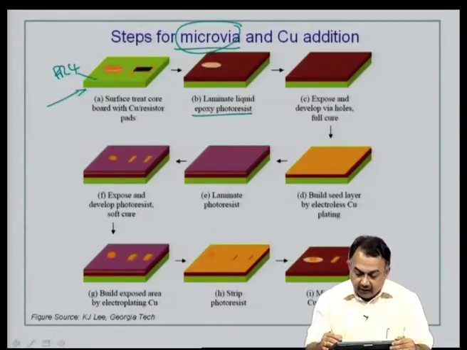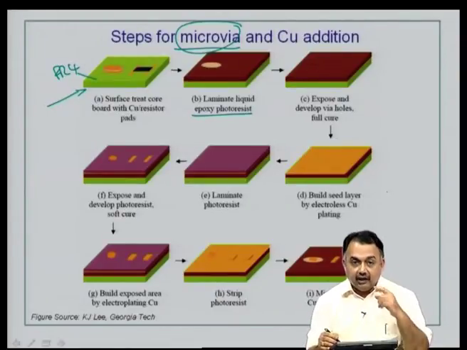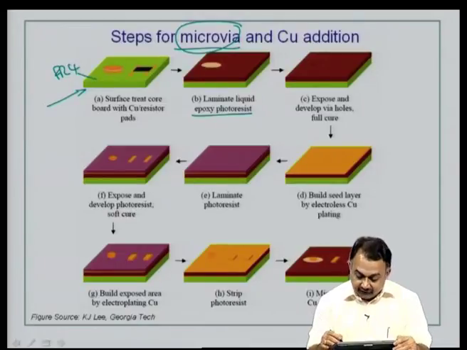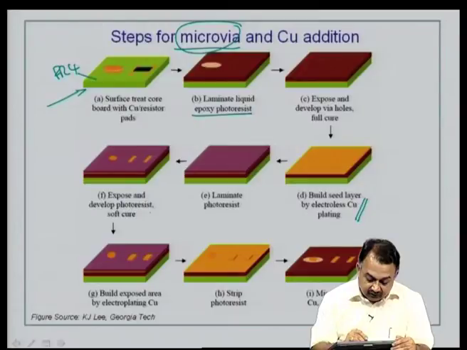Now, you have to make these via holes conductive by means of first electroless copper plating, then laminating the photoresist again, exposing and developing it, with a soft cure process.